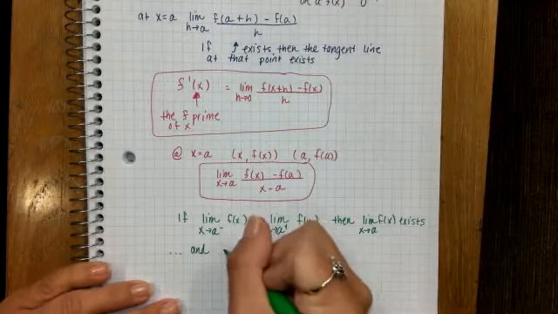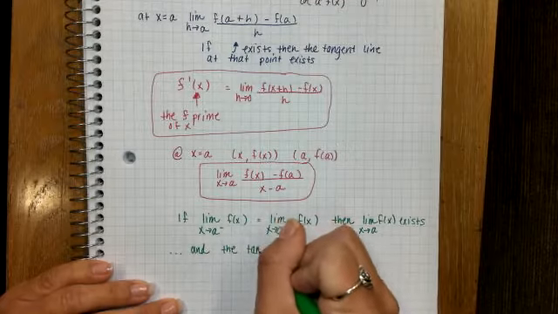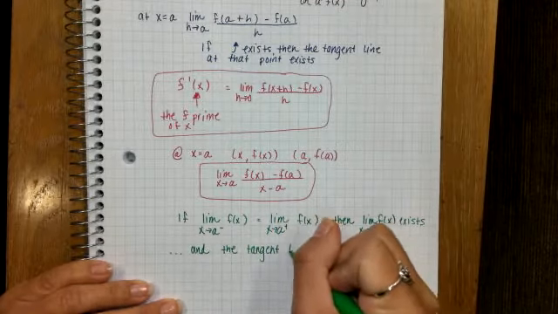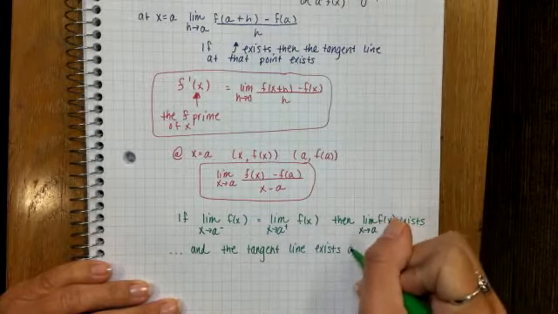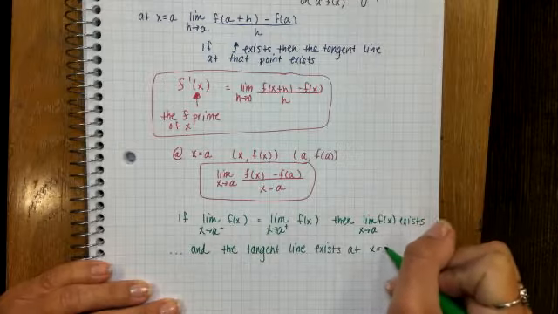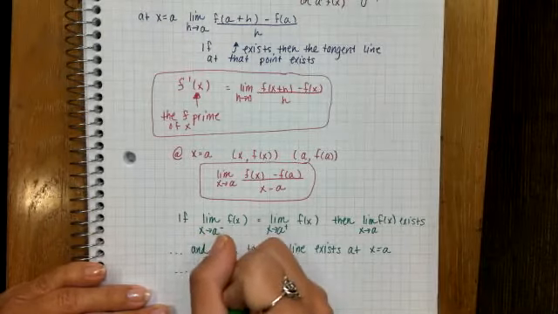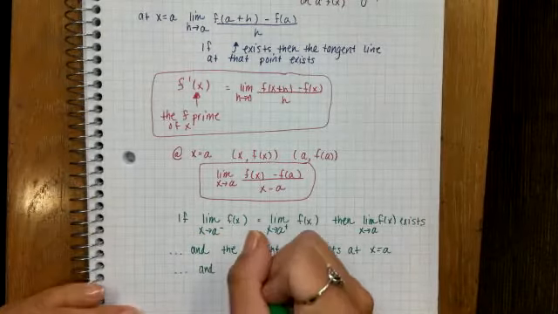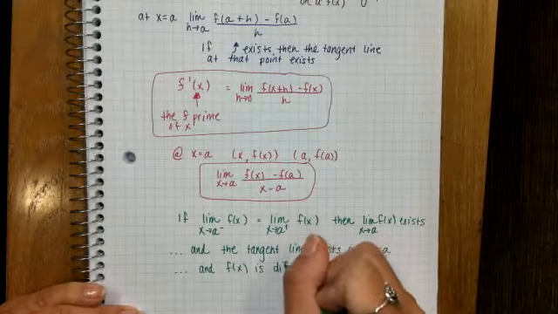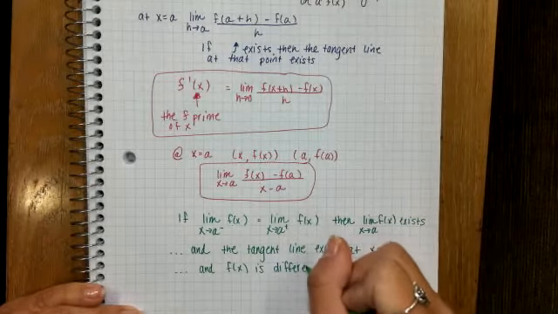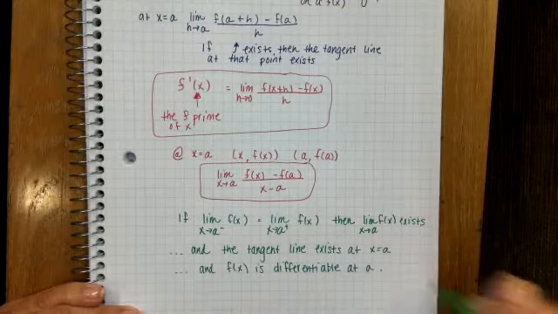So the tangent line exists at x equals a. And we say that the function is differentiable at a.